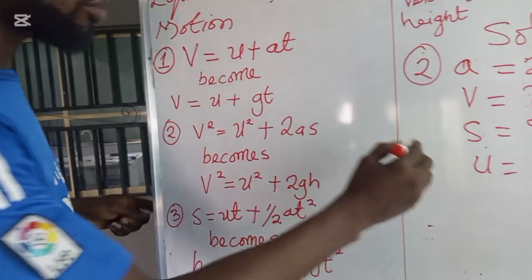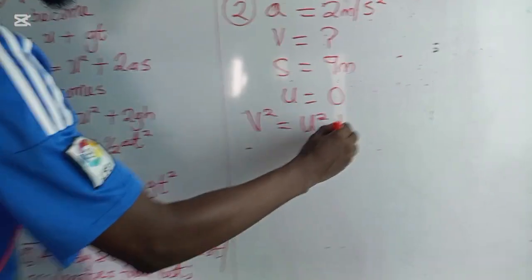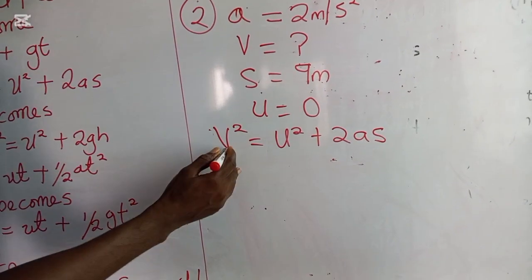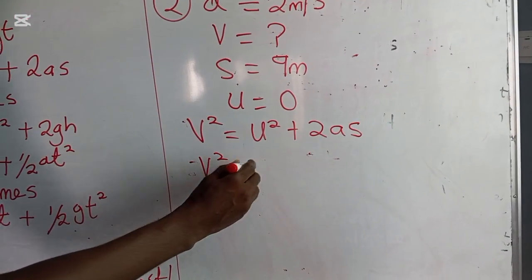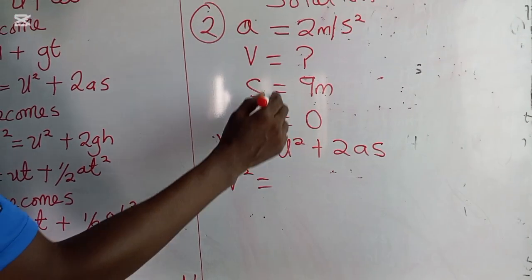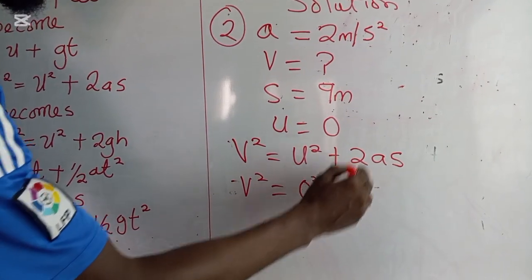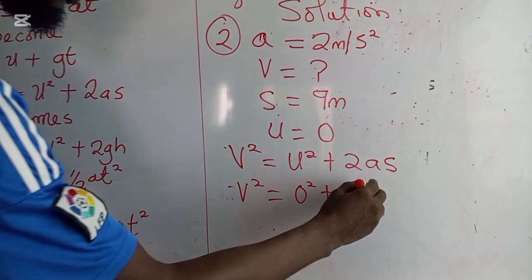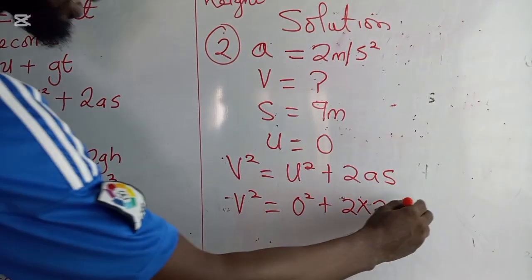Applying equation number 2, we have v squared equals u squared plus 2ax. Final velocity is what we are looking for, so we maintain it. The initial velocity is 0 because it's starting from rest, plus 2 times acceleration, which is 2, times the distance x, which is 9.